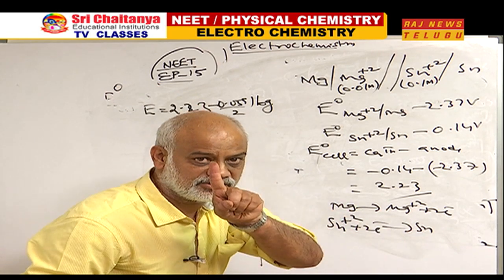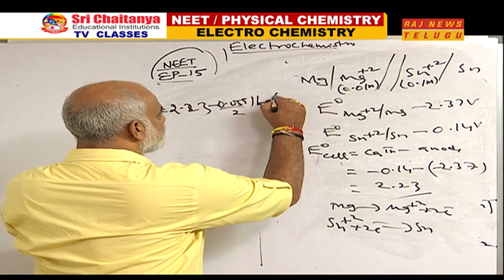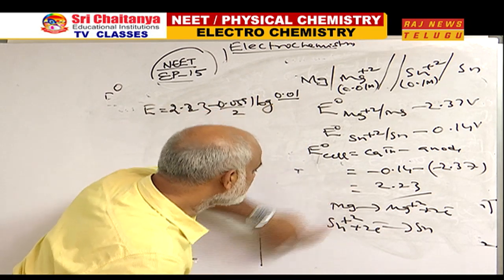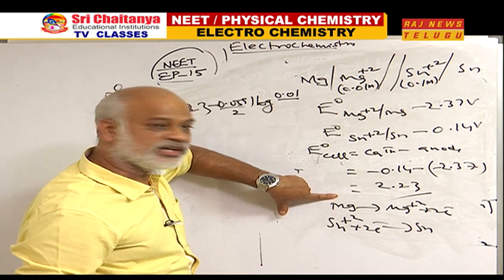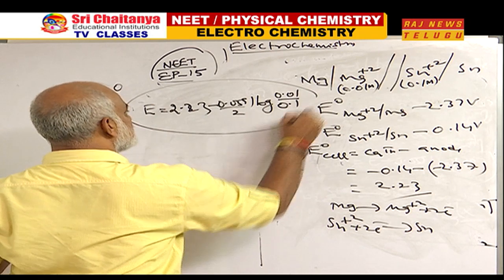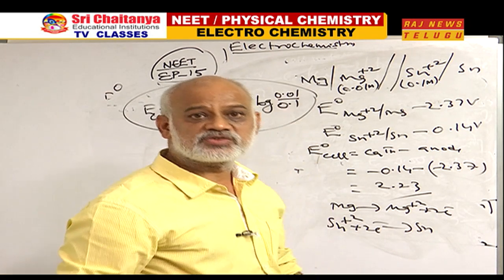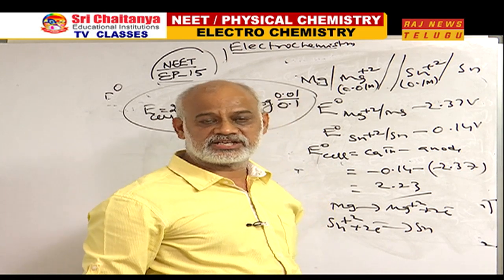Sn is unity, forget. Mg plus 2, what is it? 0.01. Okay. What are the reactants? Mg, Sn plus 2. Mg is unity, Sn plus 2 is 0.1. Simplify this. This will be nothing but our E cell. This is what actually is the Nernst equation and its application.